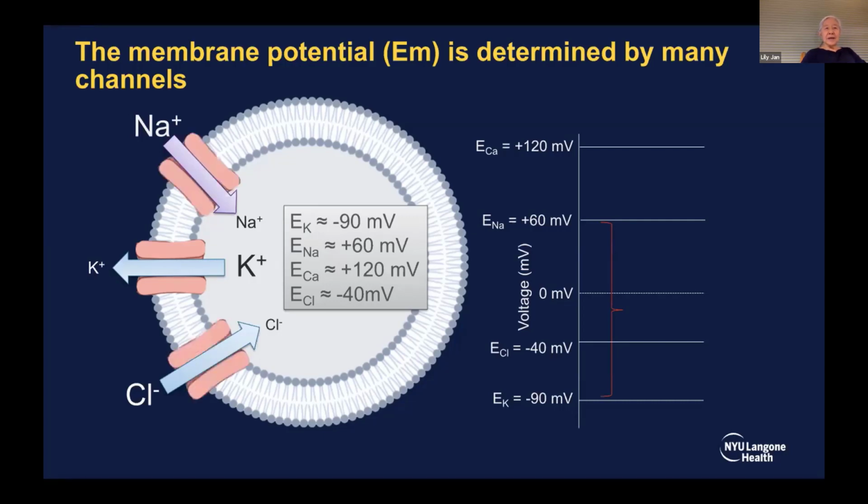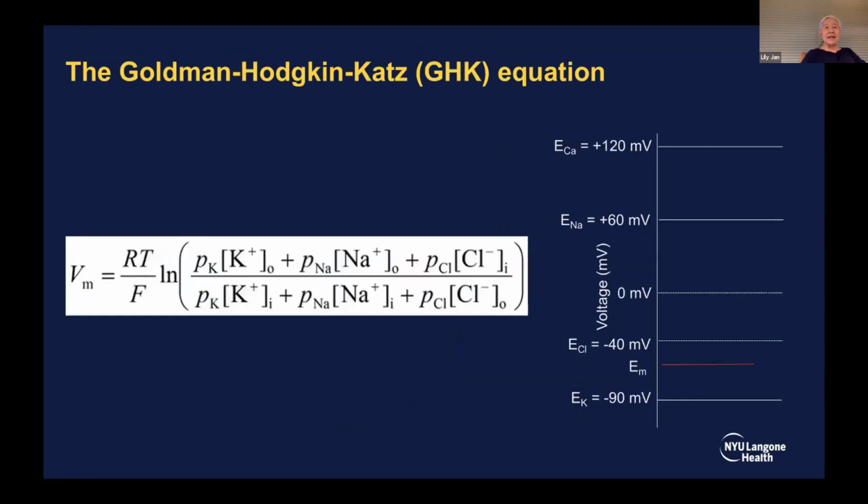And the resting cell is primarily permeable to potassium, but it does have permeability to sodium and chloride. And the membrane potential is determined by the permeability of the membrane to these ions and the concentration of these ions on the outside and the inside. So this is the Goldman-Hodgkin-Katz equation.